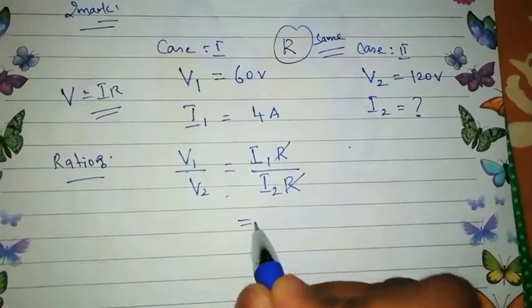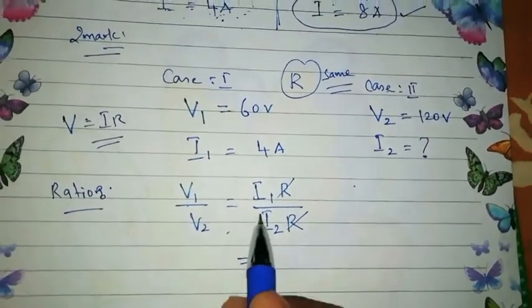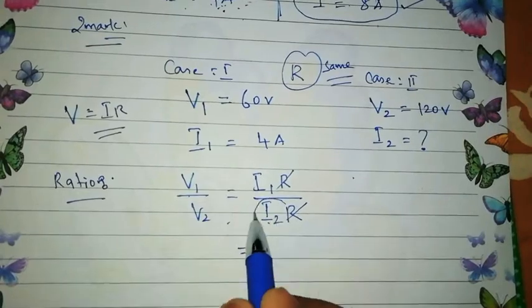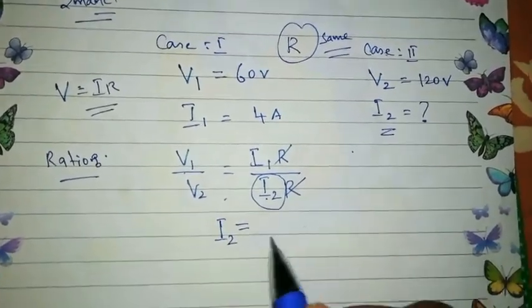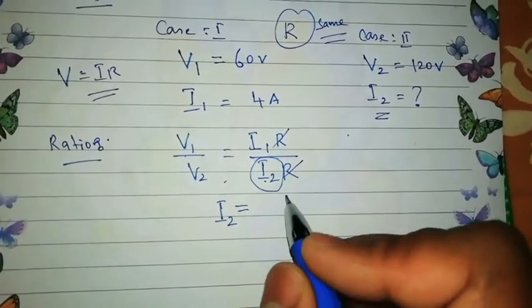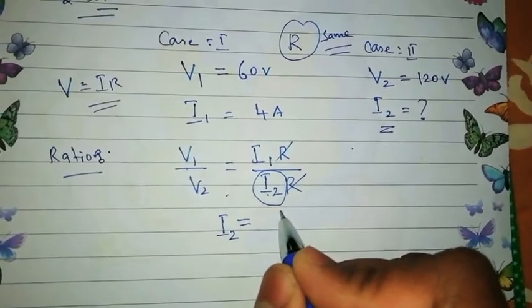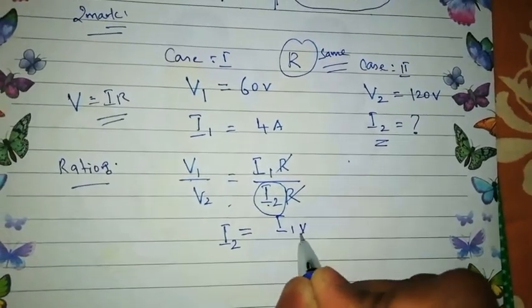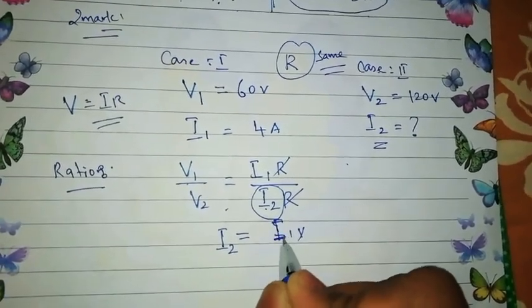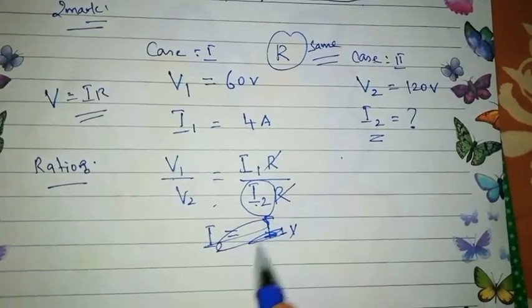Then what happens? I need I2, right? This is what we need to find. So take I2 on one side and take the remaining on the other side. What does it come to?